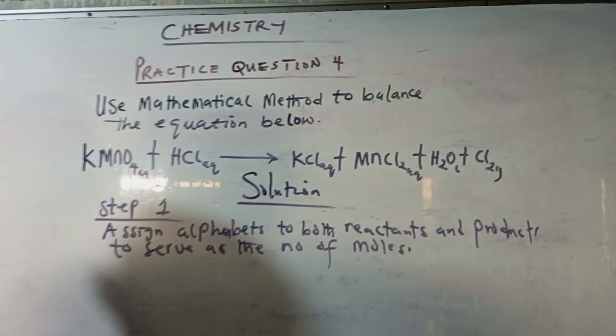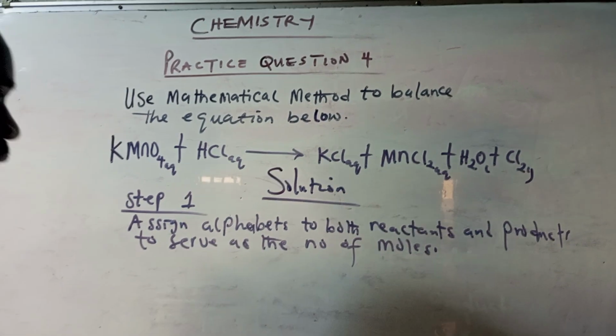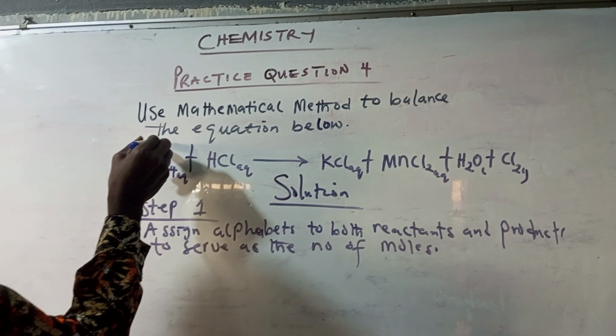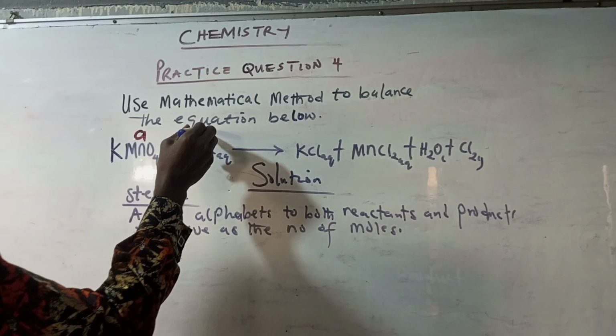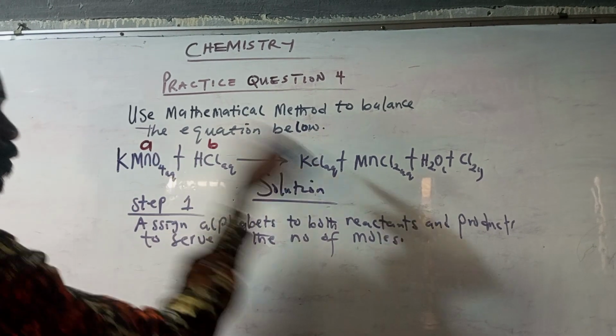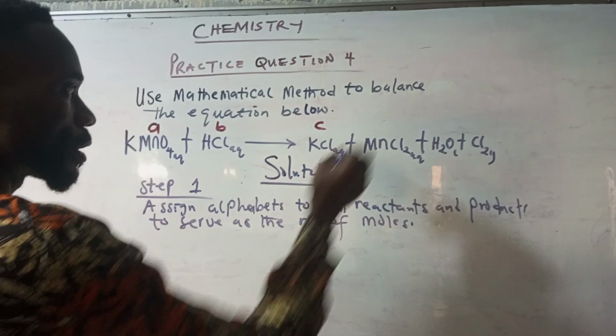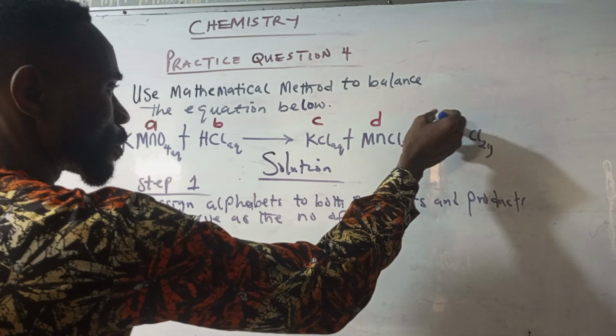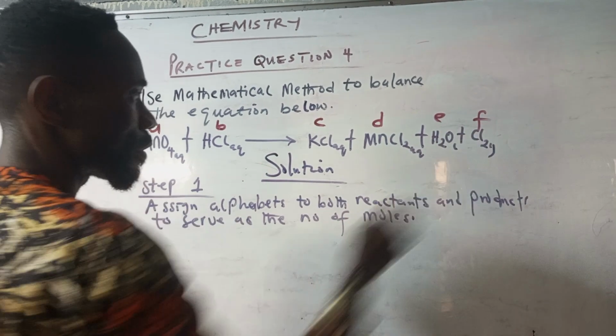In that case, writing the equation back, we assign A to the first reactant, B to the second reactant, to form product C, product D, product E, and product F.